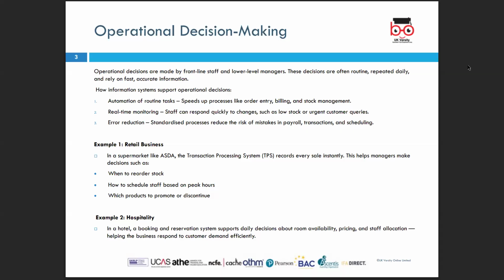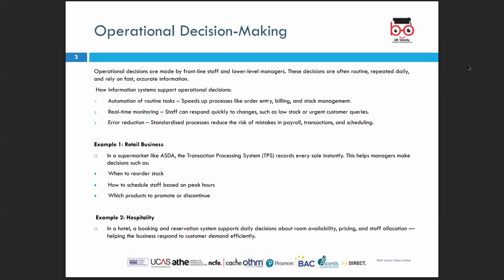So one example could be a retail business, where in supermarkets like ASDA or Tesco, these transaction processing systems are now going to record every sale instantly. And basically, this helps managers to make better decisions, such as when to reorder stock, how to schedule staff based on peak hours, which product to promote or discount.